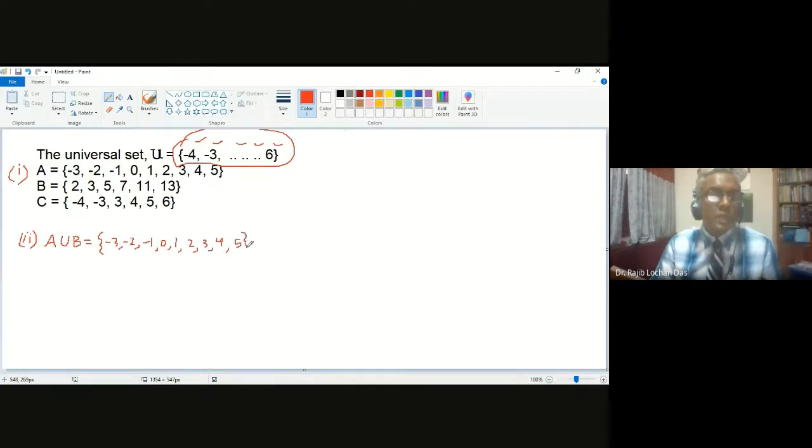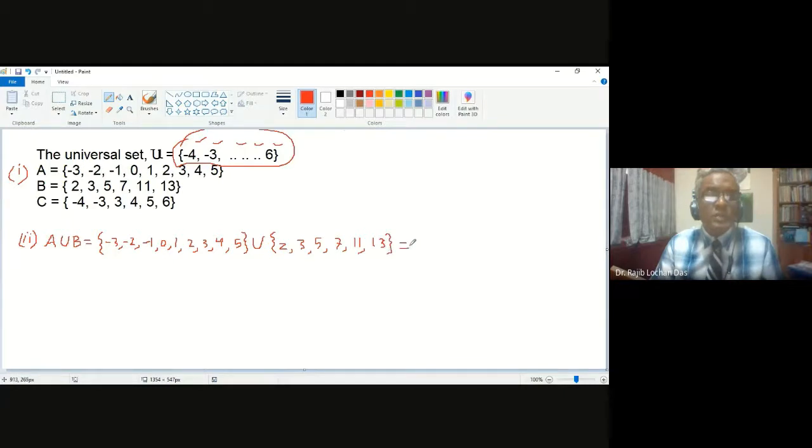It is your A, and then union, and then you write B also. It is 2, then 3, then 5, then 7, then 11, then 13, and now you write the answer.